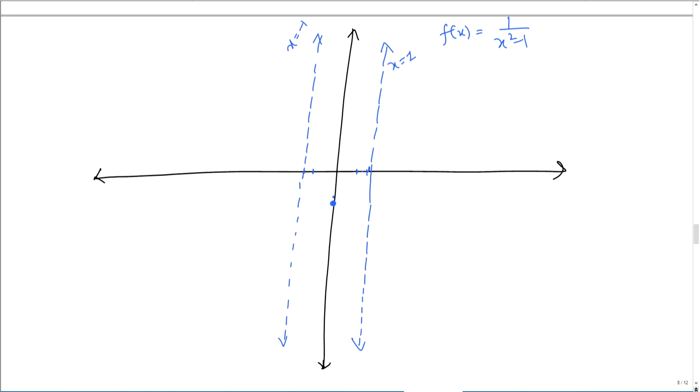If x is, let's say, close to 0, let's say 0.001 on the positive side, then x square would be a very small positive value. And if you subtract 1 from it, it would remain close to minus 1.